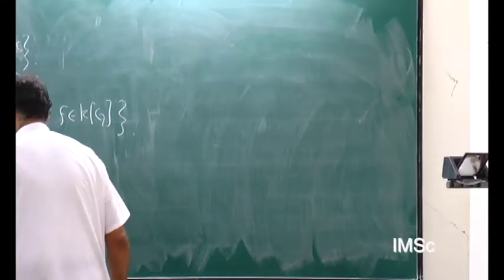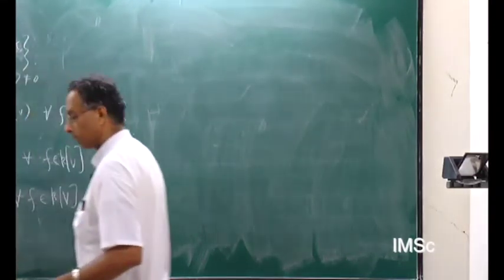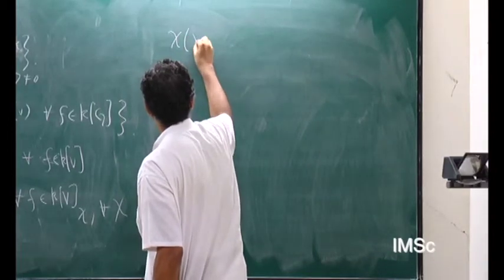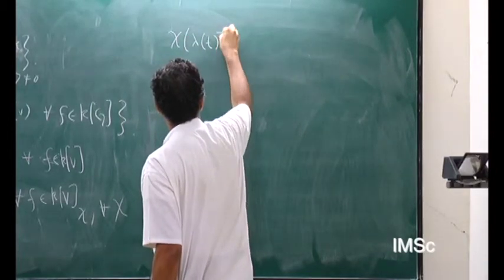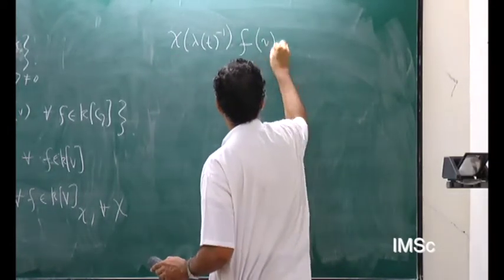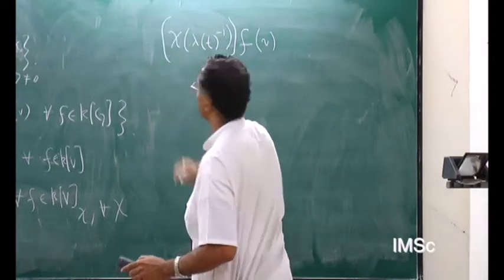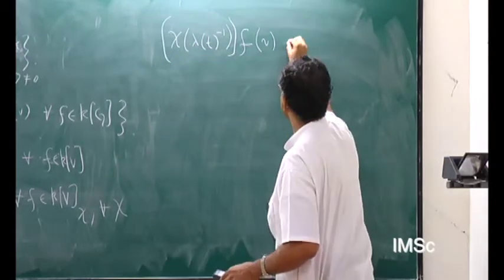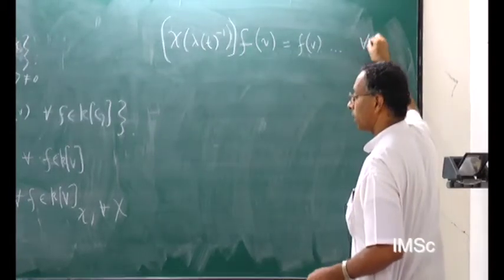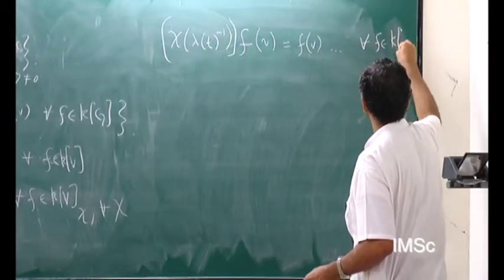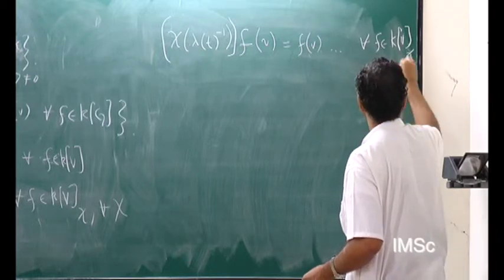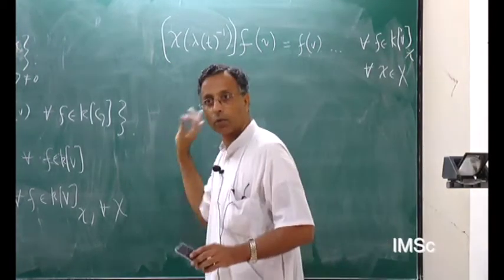But that is the same as chi of lambda t inverse of f of v. Now this is a scalar in front, is equal to f of v for all f in kv chi, for all chi in chi x. This is what we want.